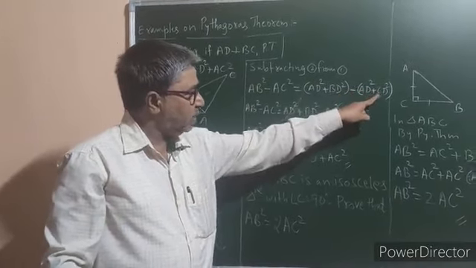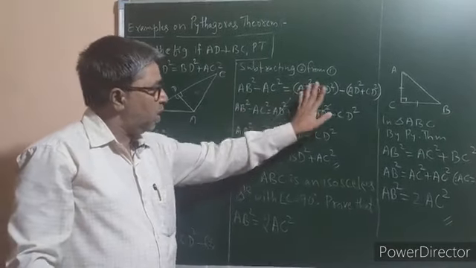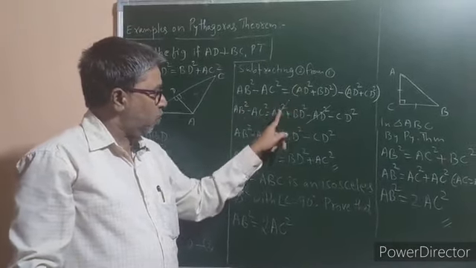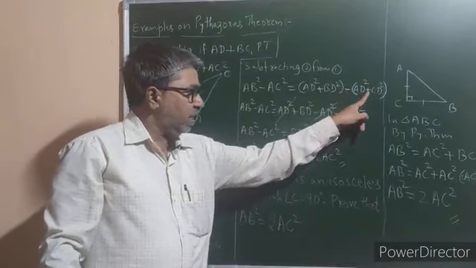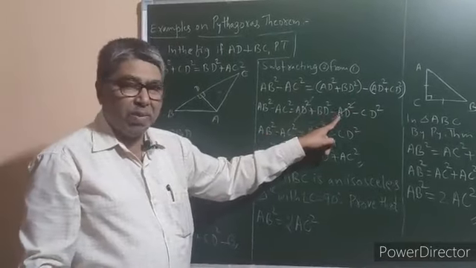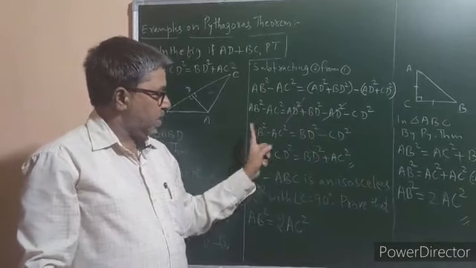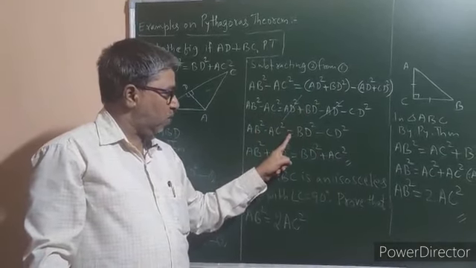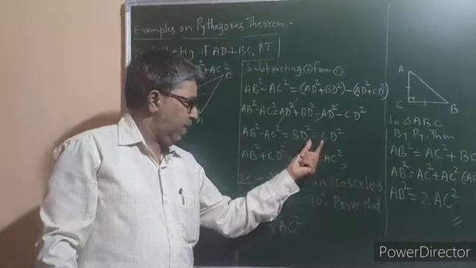Now AB square minus AC square is equal to, remove bracket, AD square plus BD square minus AD square minus CD square. Now here plus AD square minus AD square will cancel. AB square minus AC square is equal to, in RHS, BD square minus CD square remaining.